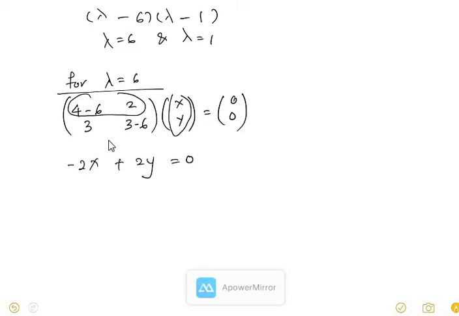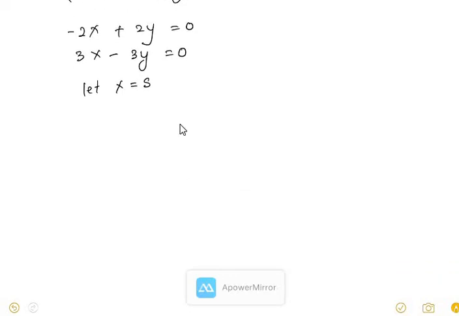And the same for the second row, that is 3 times x minus 3 times y, so 3y equal to 0. Then we assume x equal to s. So I get negative 2s plus 2y equal to 0, and y equal to 2s divided by 2, which is equal to s.